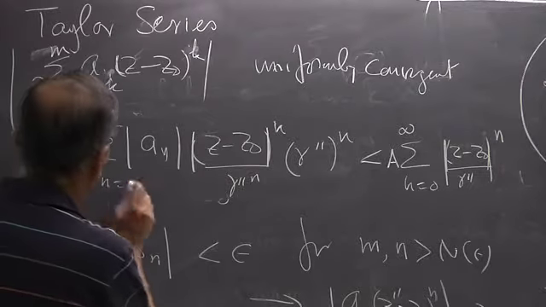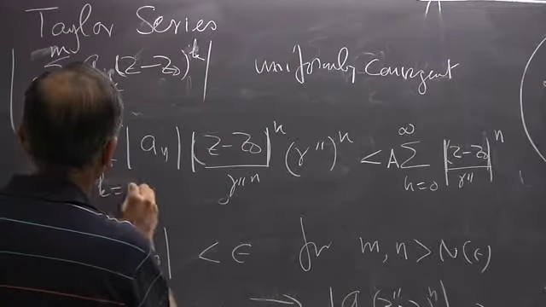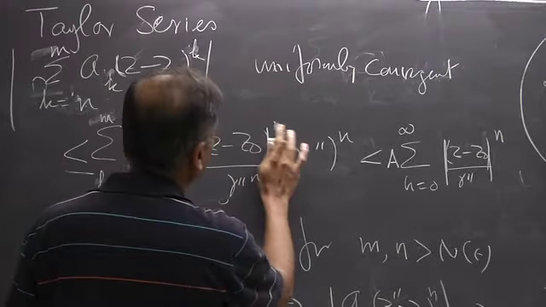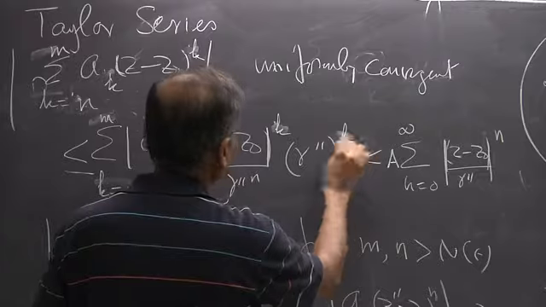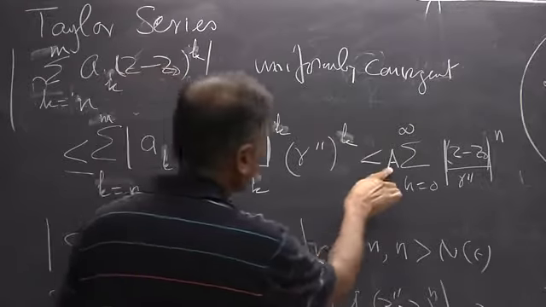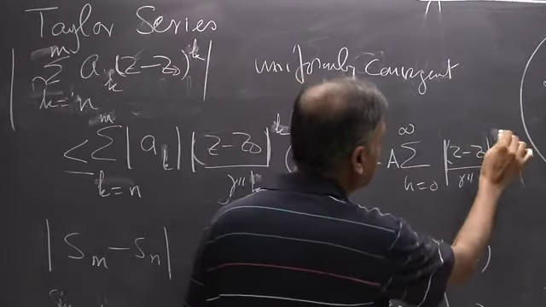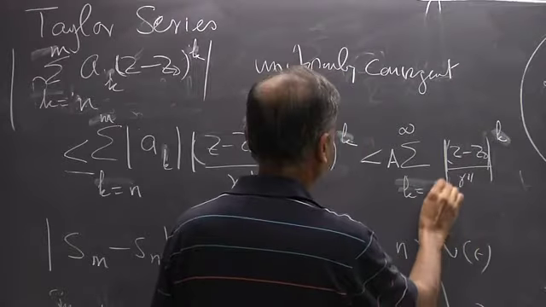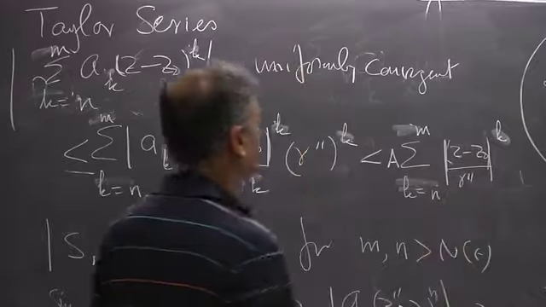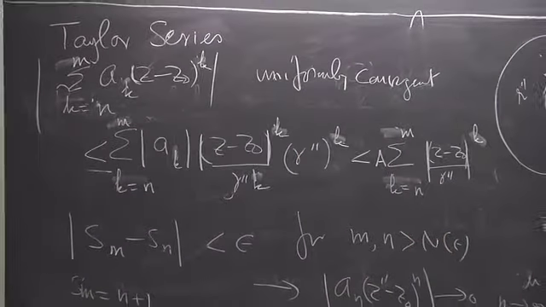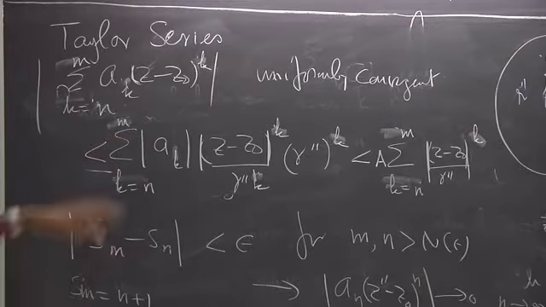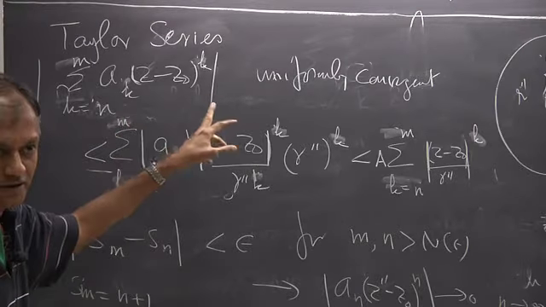So in this case, this will be from k equal to n to m, and here I then use this thing. We want to show that you can make it arbitrarily small by choosing some capital N which does not depend on z. That's what we want to show, right?